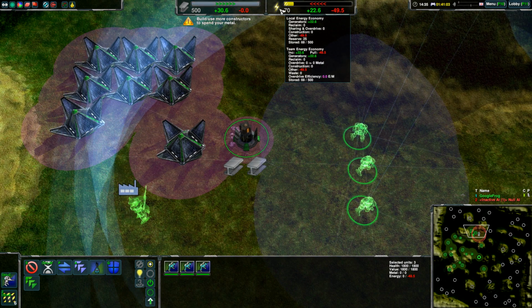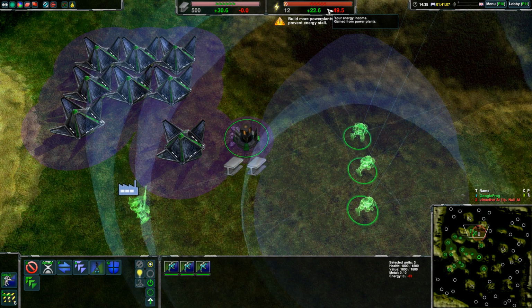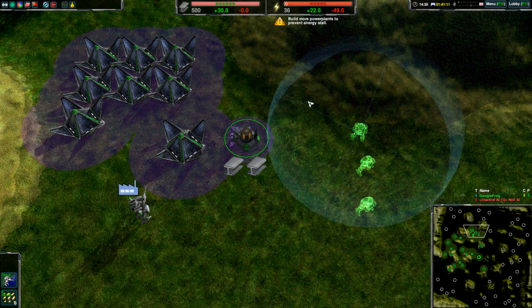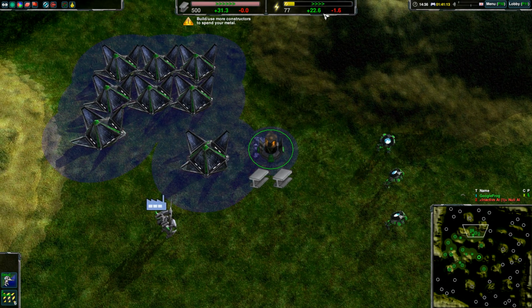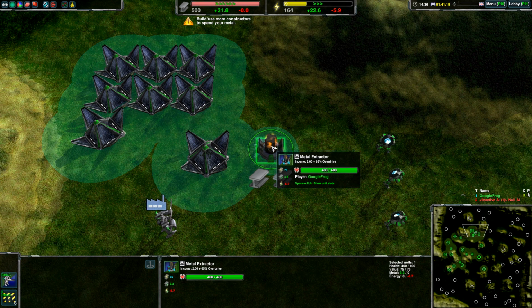Only excess energy is used for overdriving. Although it's not excess when your storage is full, it's excess net energy. So let's turn these guys off. And we'll see I'm producing energy and some of it's going to overdrive. The amount of energy going to overdrive is increasing as my storage is increasing.